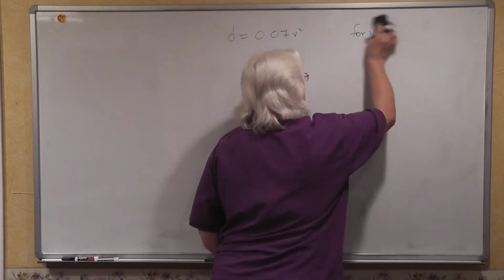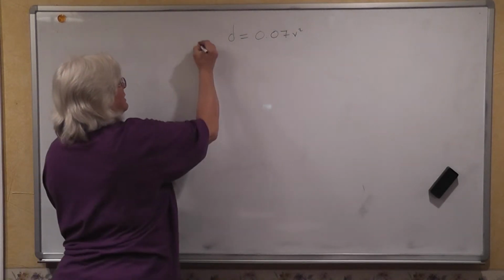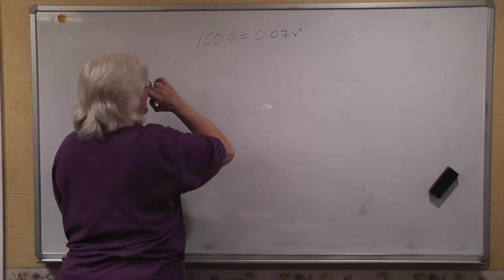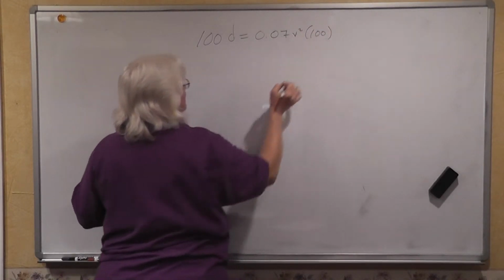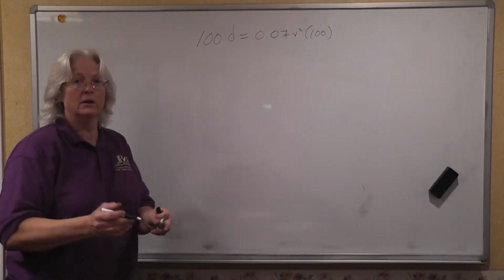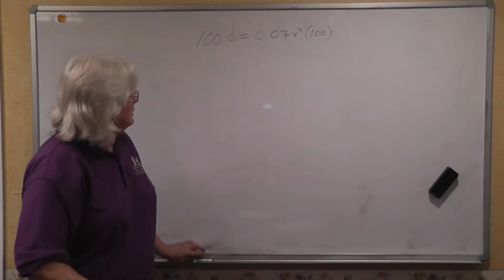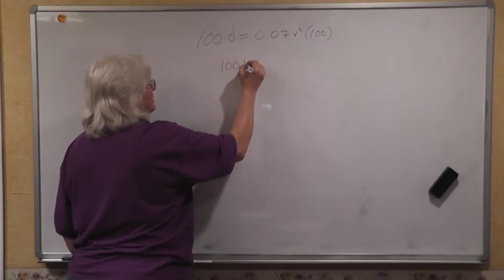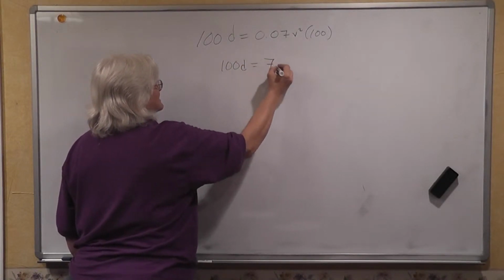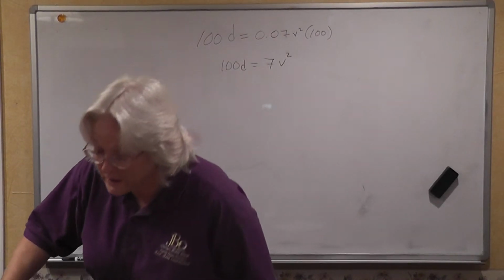So when we multiply both sides of this equation now by 100, we have 100 times D is equal to 0.07 V squared times 100. What are we going to have now? We have 100D is equal to 7V squared.